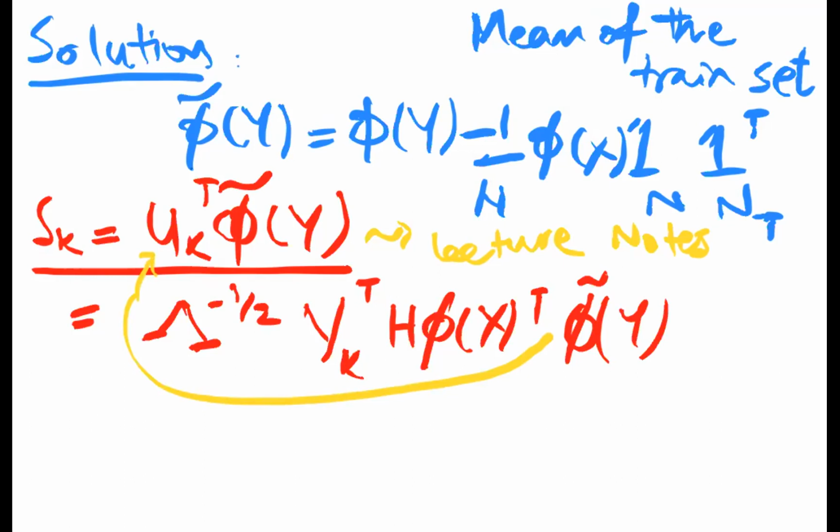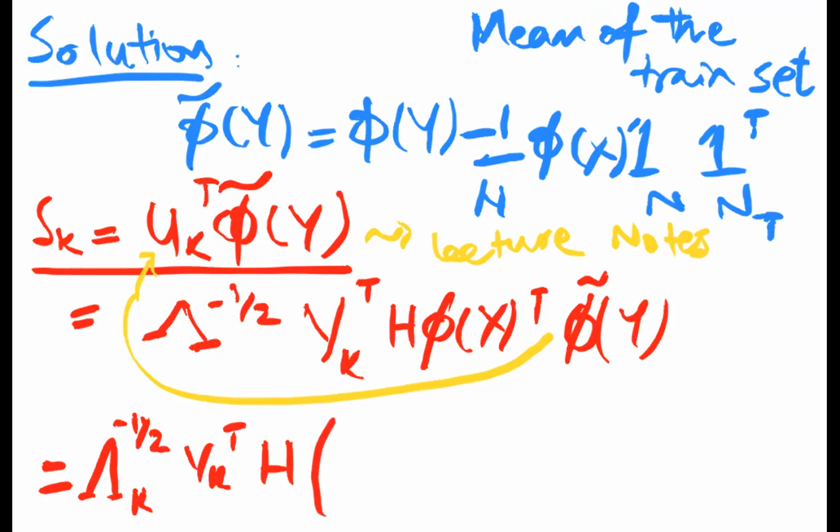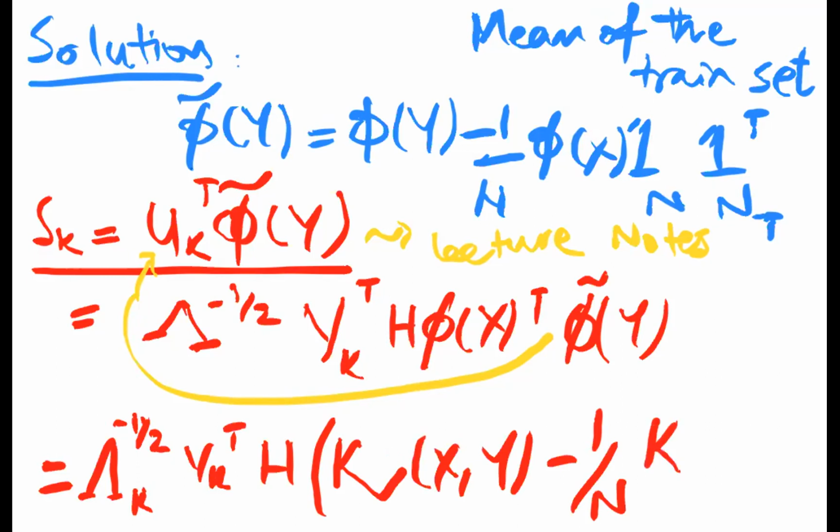And now if you open sigma Y, and then do the simple multiplication, then you have this multiplied by VK transpose into H, and then you have kappa X comma Y minus 1 by N K into 1 N into 1 NT transpose.